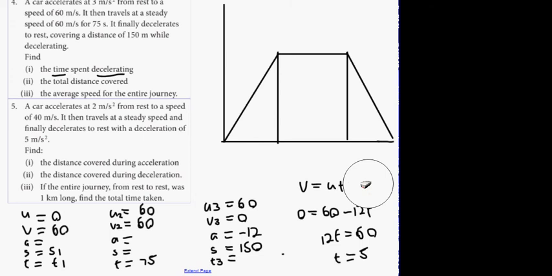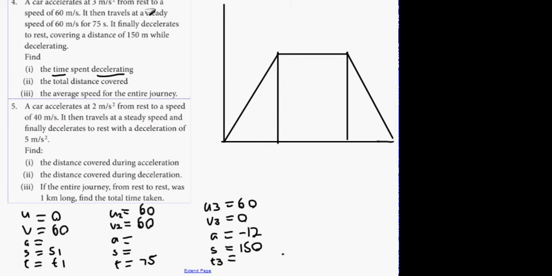The thing about speed time graphs is that the area underneath any part of your journey equals the distance covered. So this here is actually 150 meters. Okay? And then what we can say is that the height is 60, and this here is T3.